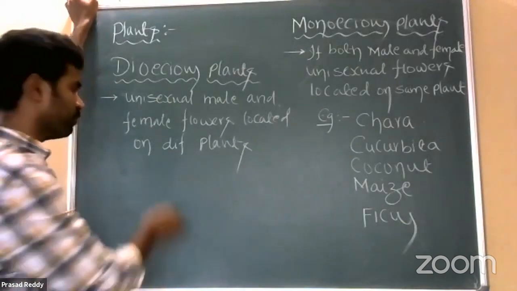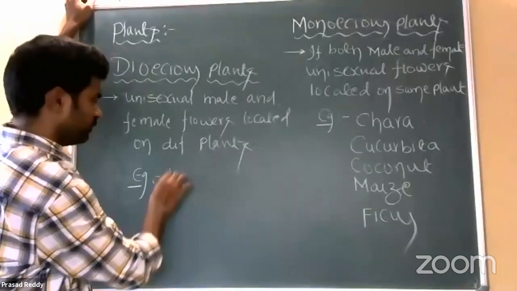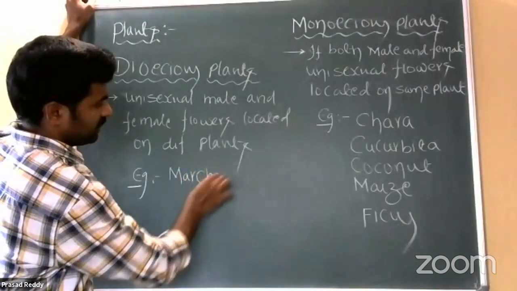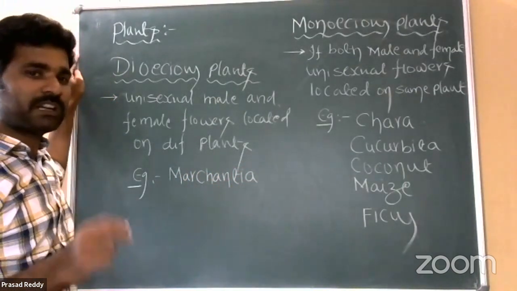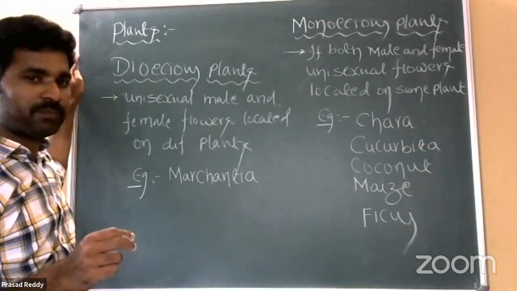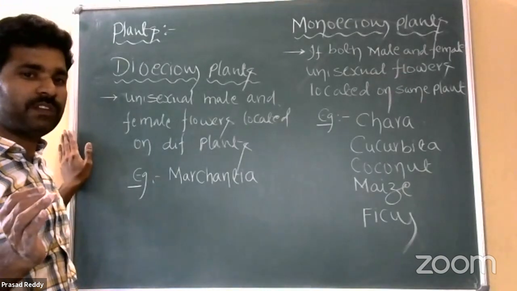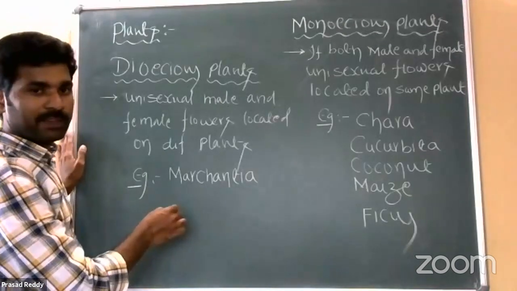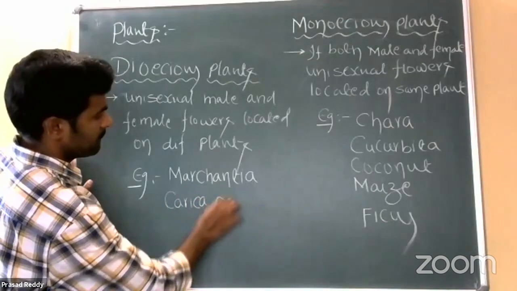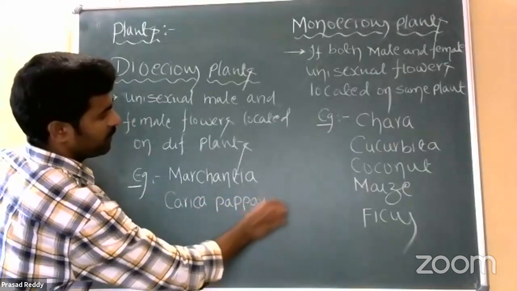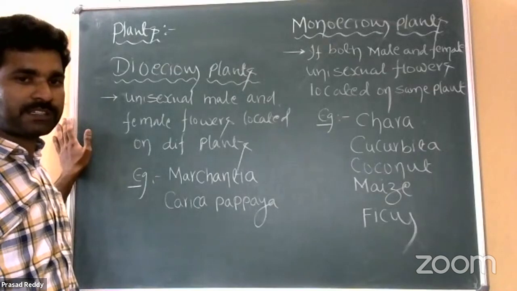An example for this in lower plants is Marchantia. Liverworts, the best example is Marchantia. These are liver-like plants, bryophyta plants. Male Marchantia is different, female Marchantia is different. The second example is Carica papaya. Male papaya is different, female papaya is different.